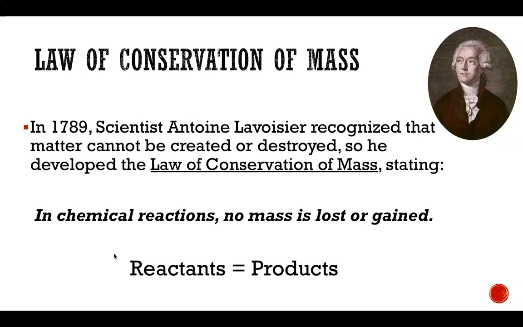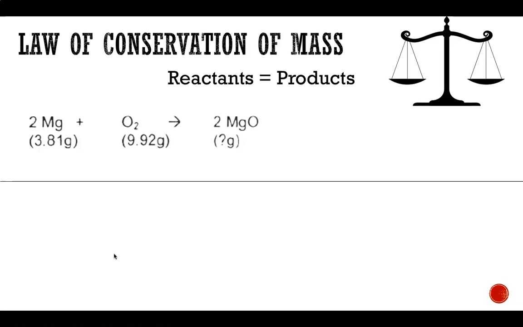So if we look at some examples of that, and this isn't on your notes, so don't worry about writing it down, but just take a look here. If we're talking about mass, if I start with 3.81 grams of magnesium, 9.92 grams of oxygen, and I'm combining those to make magnesium oxide, well, my mass needs to equal whatever I started with.